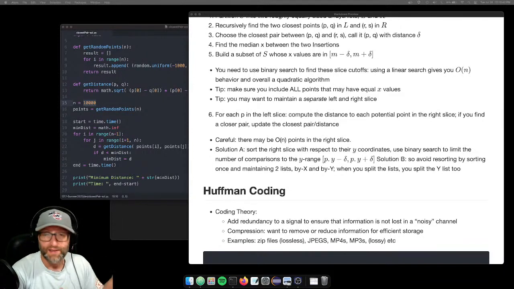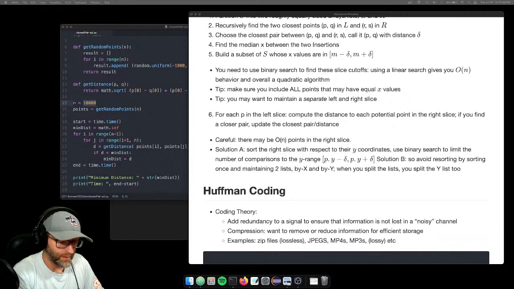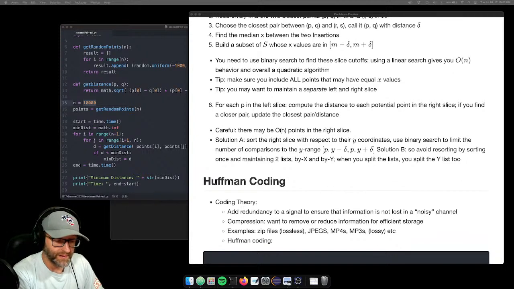Those are lossy versions. What we're going to look at is Huffman Coding. It's a lossless algorithm, mostly used for text compression.